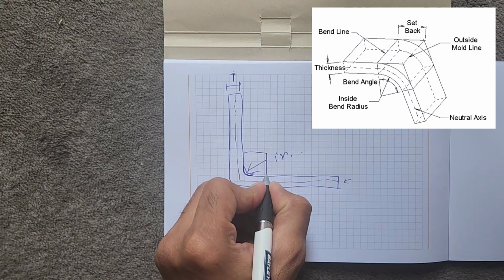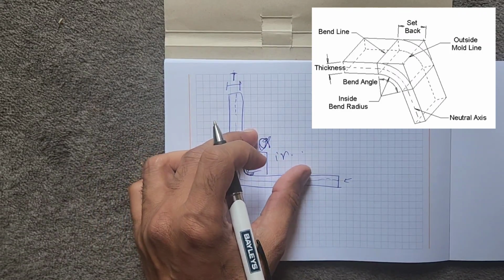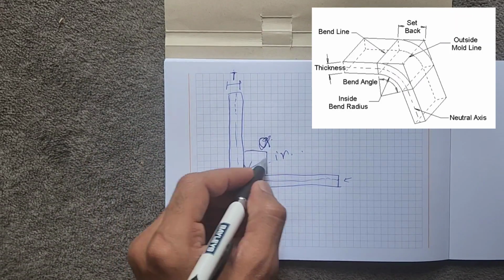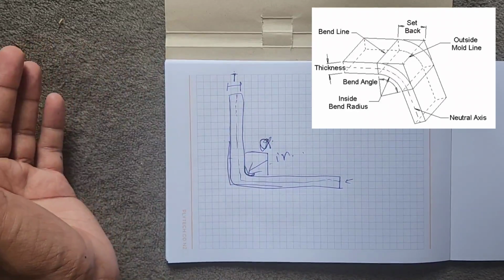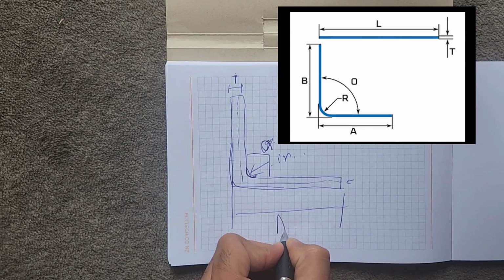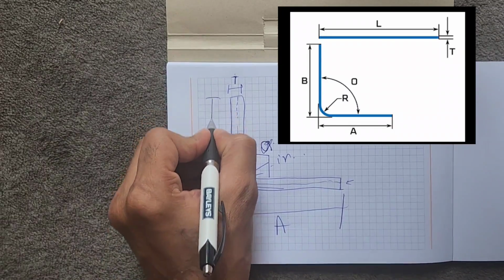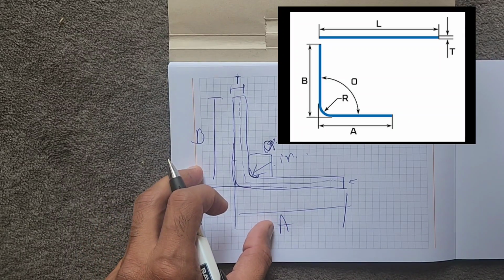And the angle between these two flanges is called internal angle. So angle of internal inside and angle of outside would be the same because the thickness is the same. That is called flange A, and that is called flange B, what we normally prefer as outside to outside dimensions.